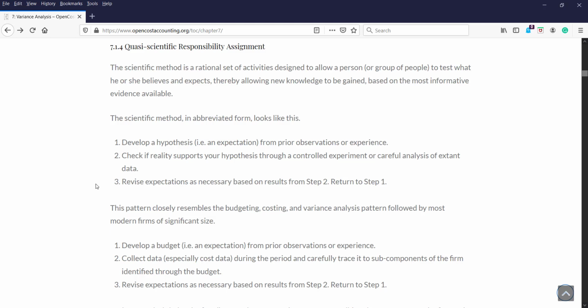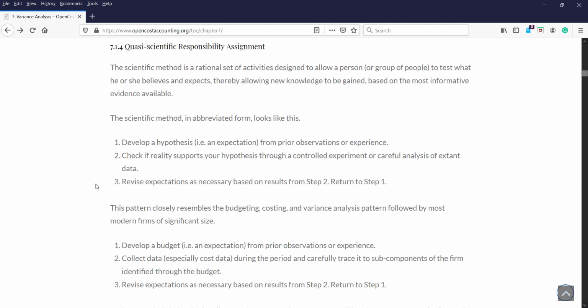And variance analysis is a company basically sciencing itself. It's trying to express in the budget, first of all, what it knows about itself: what we as a company think we will earn in revenue, and what we think we will spend in cost. And then we're going to do a careful test through our variances to see where reality does or does not support that hypothesis.